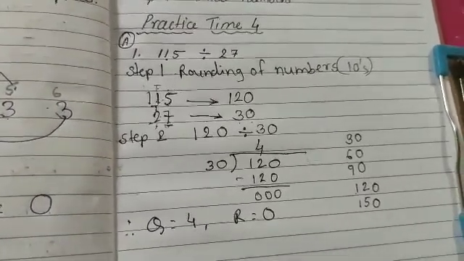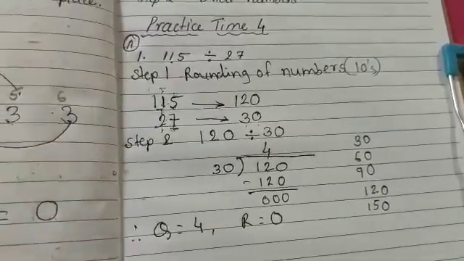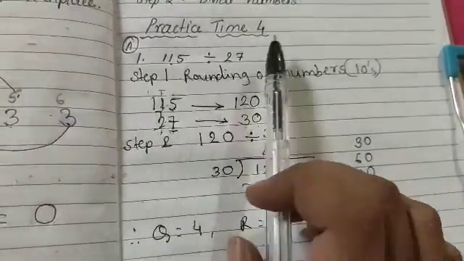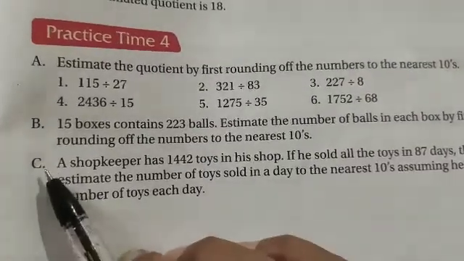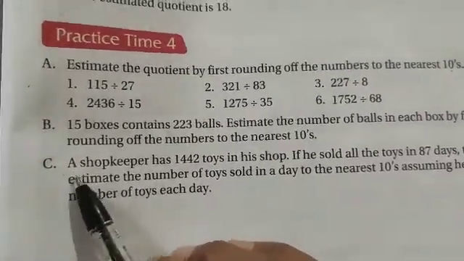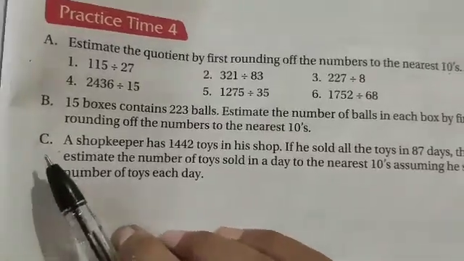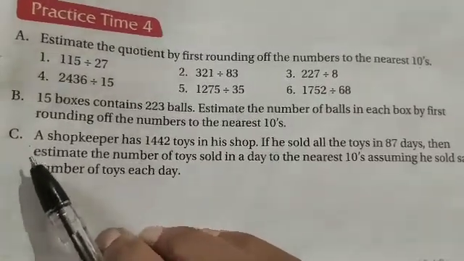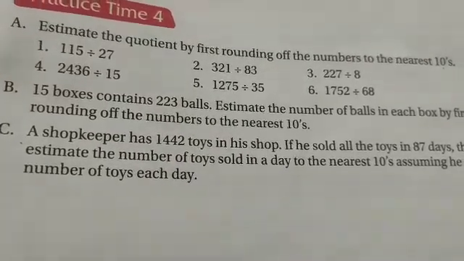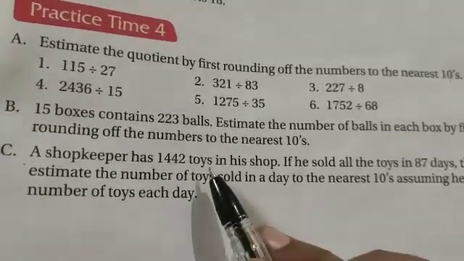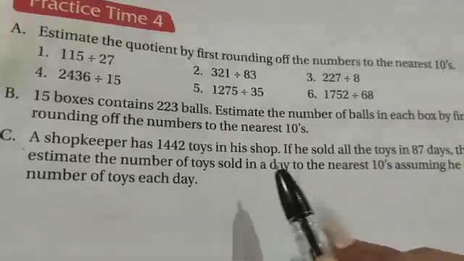So this way student, you can solve the examples of practice time 4, question A. See student, here a word problem is given based on estimation. Question C. A shopkeeper has toys in his shop.